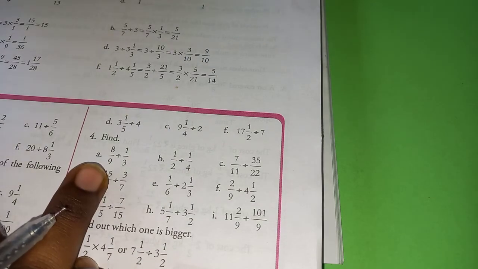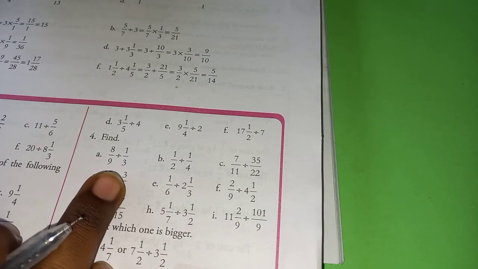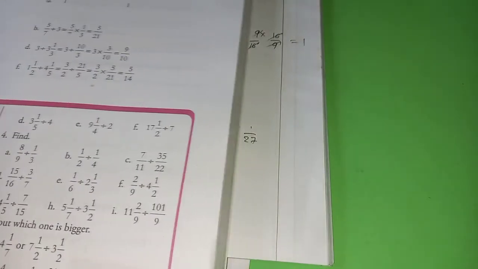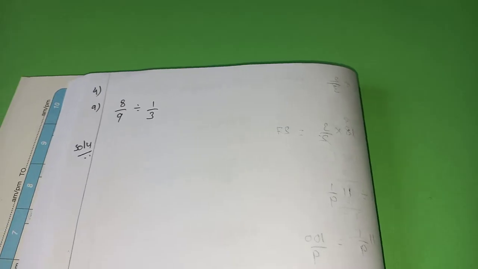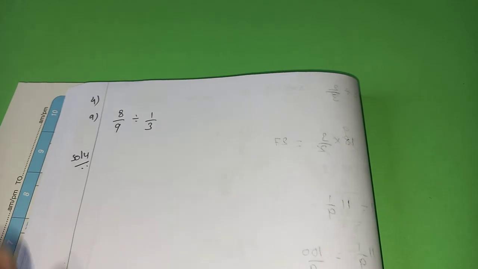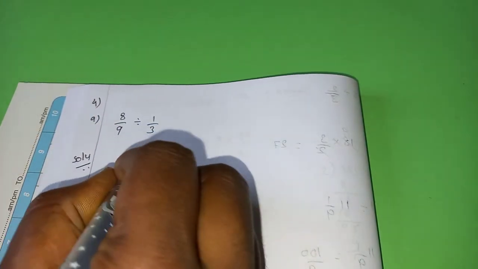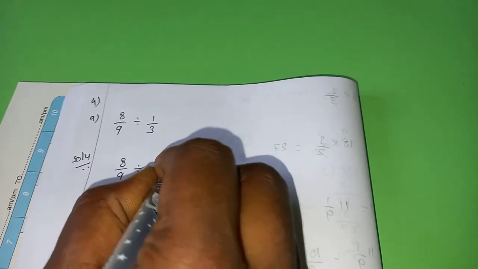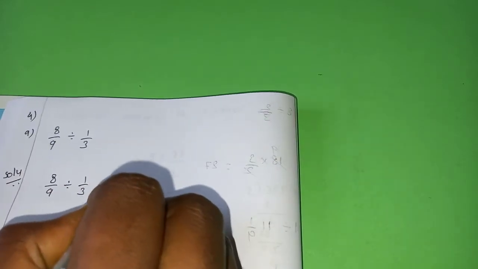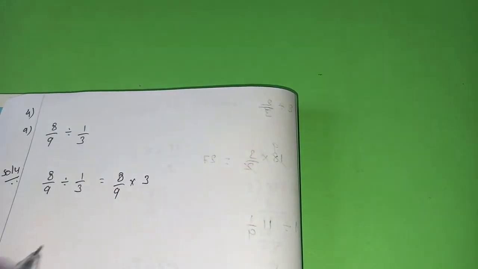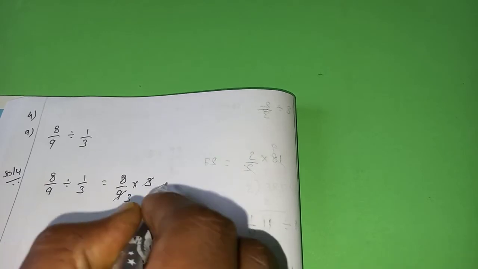Now, fourth one. Fraction divided by a fraction. Same process. 8 by 9 divided by 1 by 3 means 8 by 9 into 3. 3 ones, 3 threes.